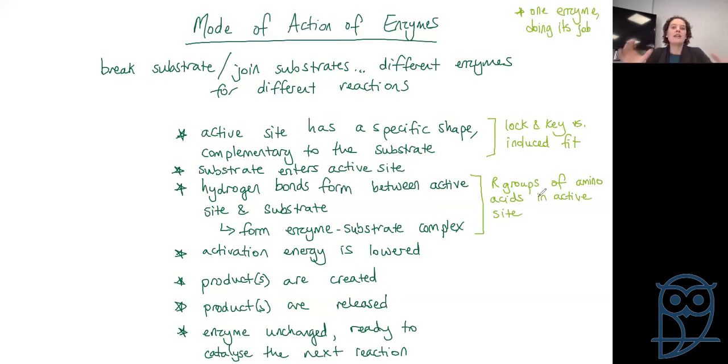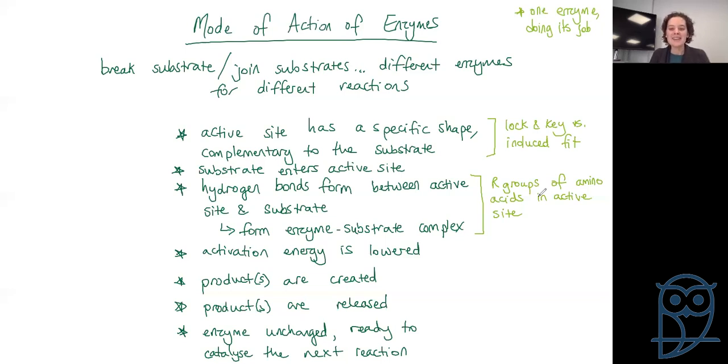So it's not just random hydrogen bonds. Remember, all of this is specific, all of this is precise, all of this is very highly controlled. It is specific R groups of specific amino acids within the active site which are going to hydrogen bond to specific parts of your substrate molecule. Specific, specific, specific. That's the word for today.